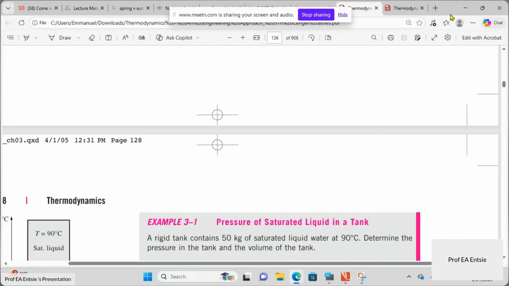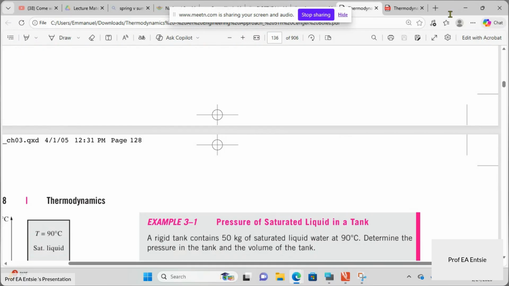So the example is here. A rigid tank contains 50 kilograms of saturated liquid water at 90 degrees Celsius. Determine the pressure in the tank and the volume of the tank. So this is the mass, this is the temperature. We have to find the pressure. So what did they give us? They give us temperature.